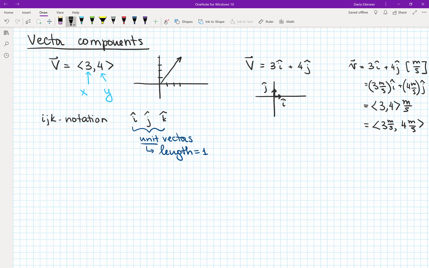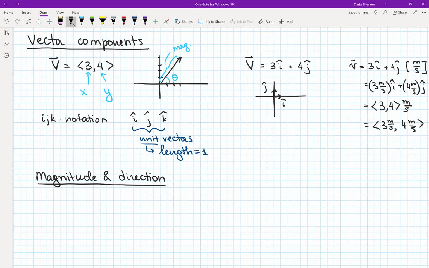If it's that easy, why do we care? Well, for one thing, we can get magnitude and direction from components. Now remember, the length of this vector, that's the magnitude, right? And this angle theta is the direction. So think about this as basically either a rectangle or a triangle.